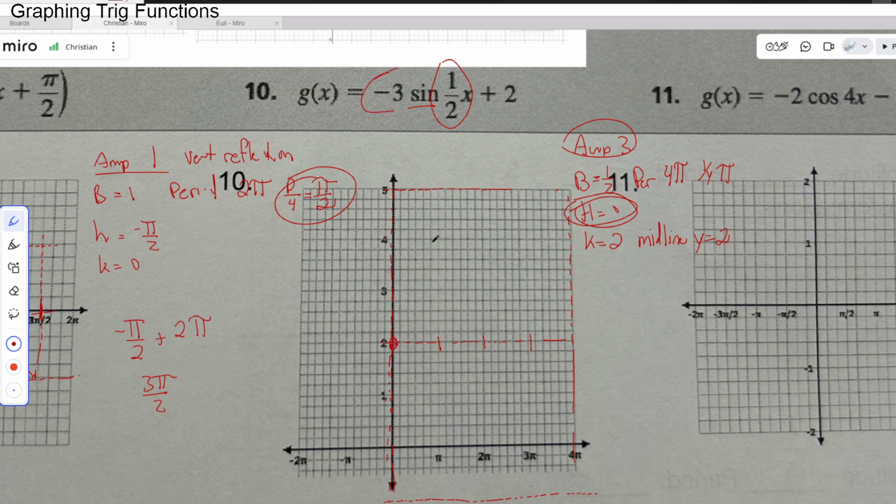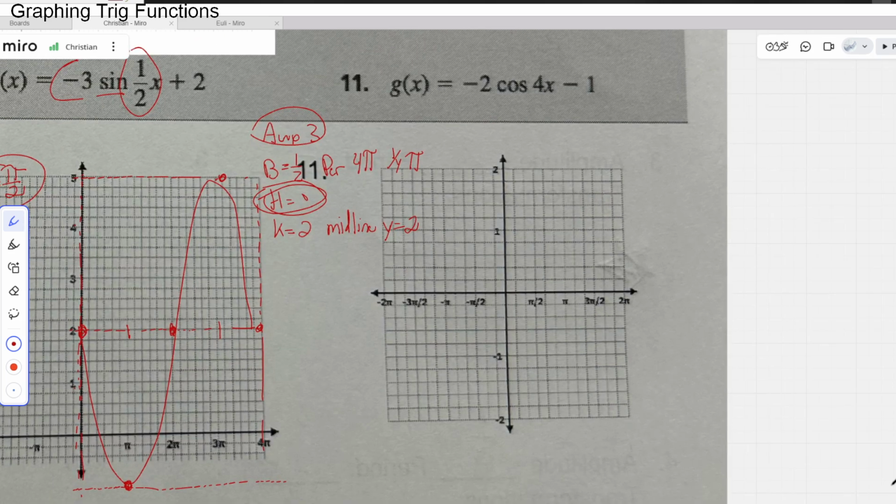Instead of going middle high, I go middle low. So be careful, this looks like an H, but that's a K.